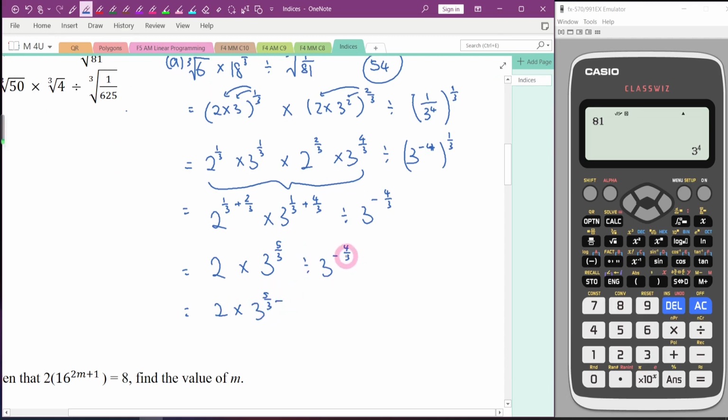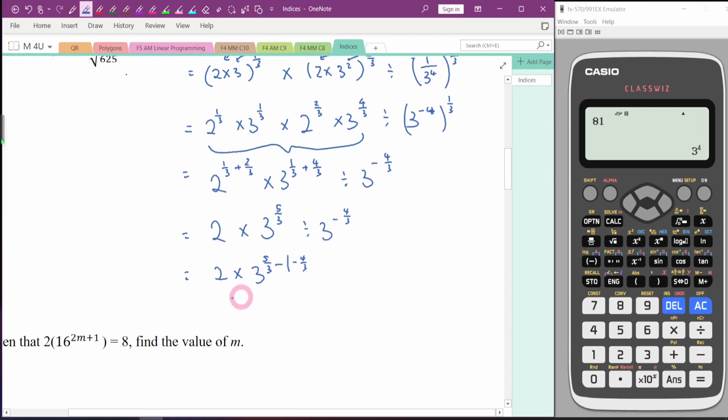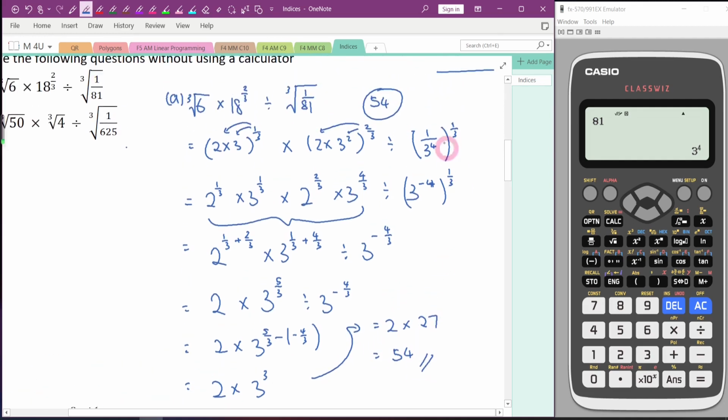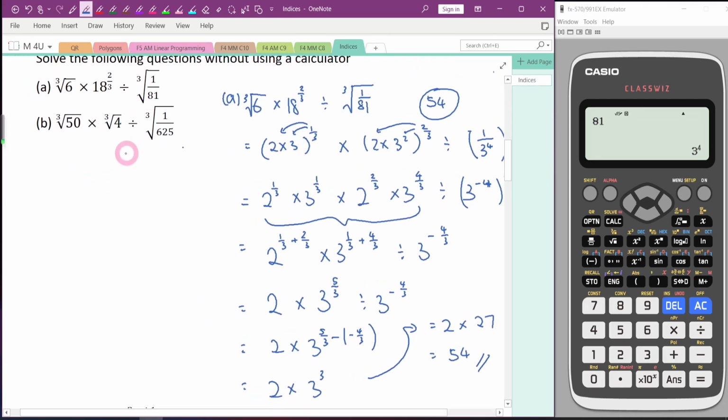But you have to be careful because I have a negative number here. 5 over 3, negative becomes positive, right? So plus 4 over 3, which is equal to 9 over 3. Simplify, you get 3. 3 power 3 is actually equal to 27. So 2 times 27, you will get 54. Yes, our answer is correct. Now, let's go to part B.